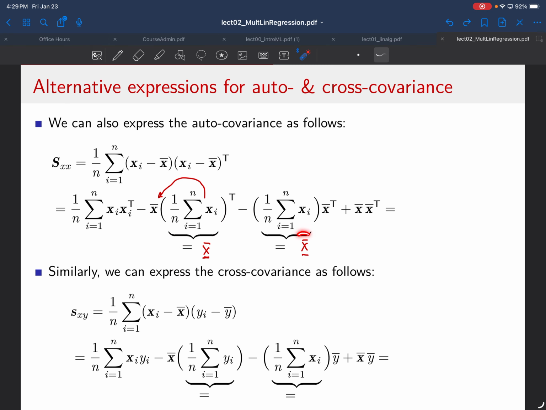And then here we have x bar transpose. The first 2 are negative, and we have the same thing again but positive. So basically, this one and this one cancel, leaving 1 over n, sum i from 1 to n, xi xi transpose, that quantity minus x bar x bar transpose. Forgot the bars.